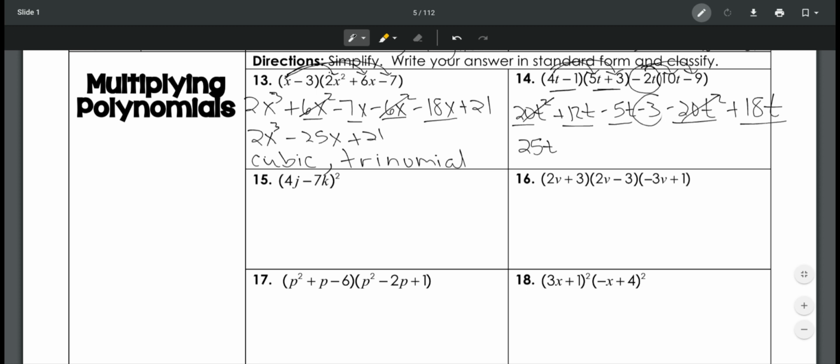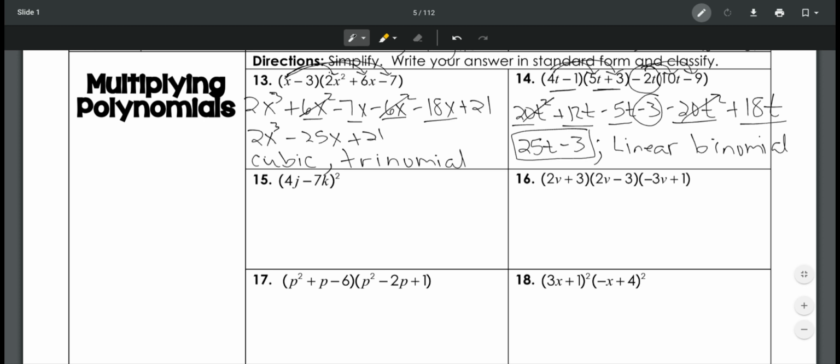And then we have negative 3, which is a constant. There are no other constants in the problem, so we write that down. As far as classifying, this is linear because the exponent is a 1, t to the first power, and it is a binomial because there are only 2 terms in the final answer.